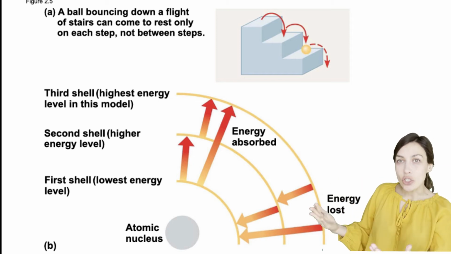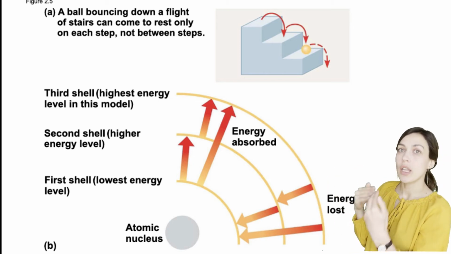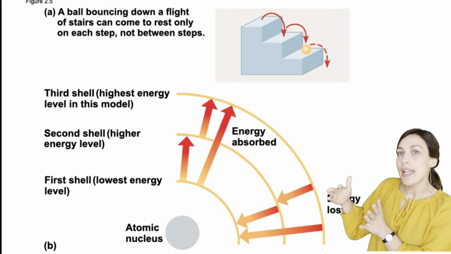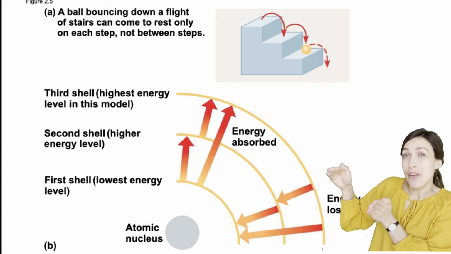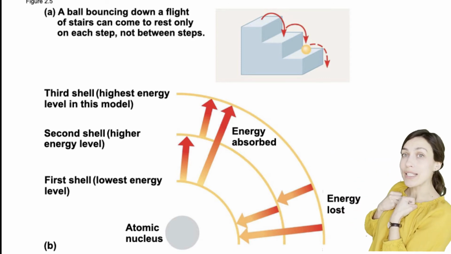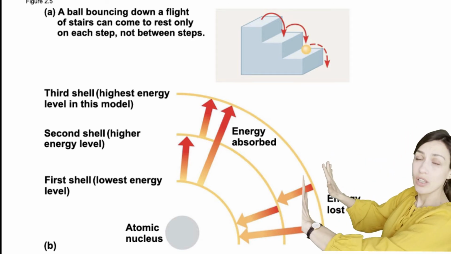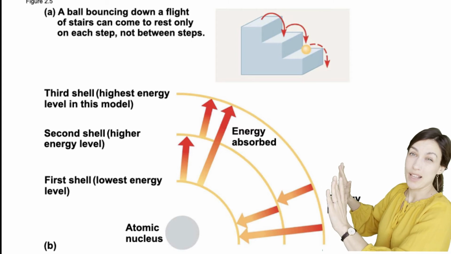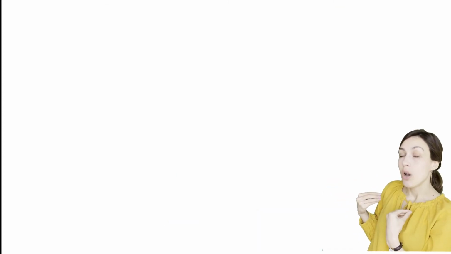So when electrons move from energy level to energy level, the difference in the levels either needs to be taken in from the outside, or it needs to be pushed out into the outside. Okay, so energy can be gained or energy can be released.